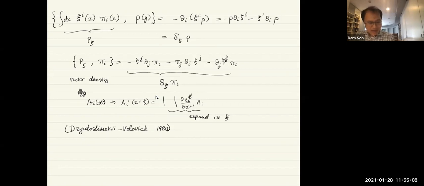So that's interesting, but it's also useful because a lot of the time when we do calculations of the Poisson bracket, the calculation is simplified if one just thinks about how the quantity is supposed to transform under coordinate transformation.